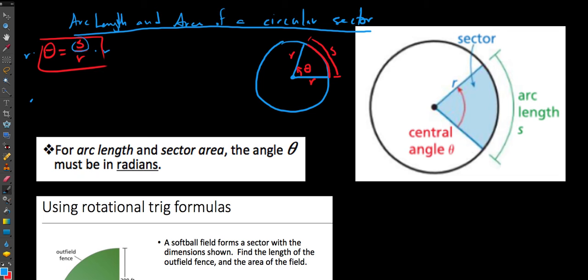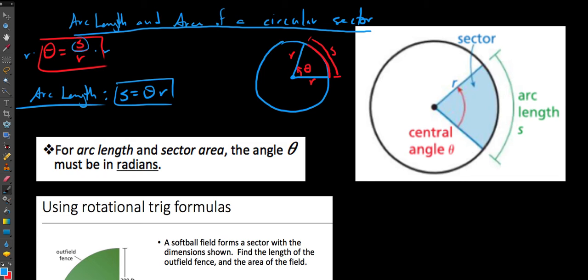And what this does is it gives us what we call our arc length formula that I want you to write down. So our arc length formula is simply s equals r theta, or theta r. This formula says, if you know the radius and you know your angle, as long as your angle is in radians, then you can take your angle and multiply it by the radius, and you get your arc length.